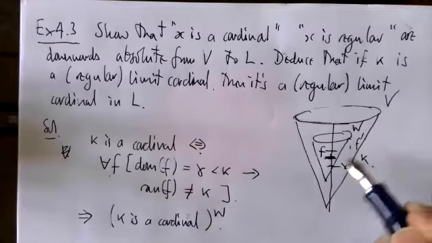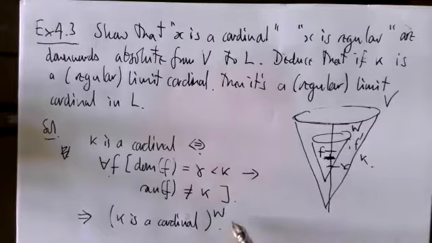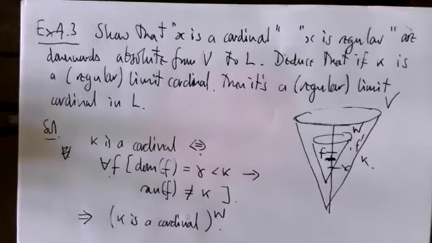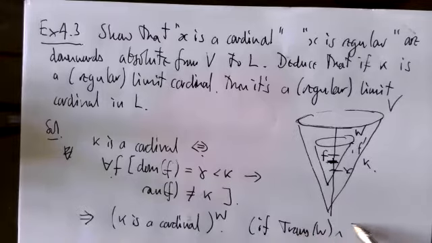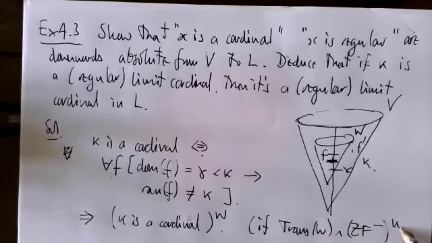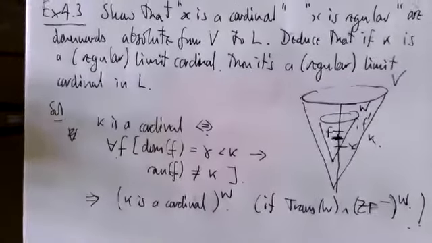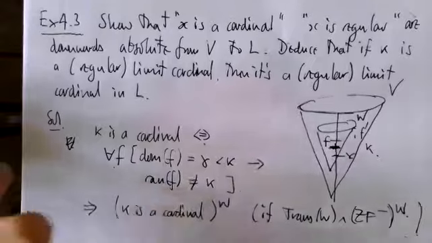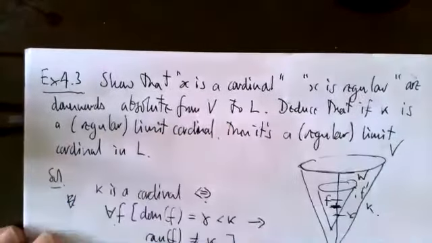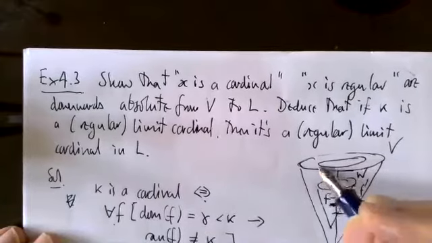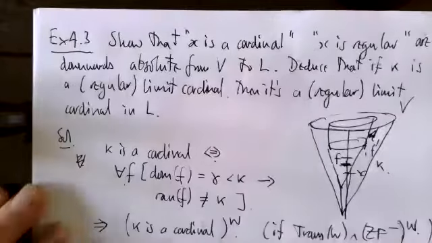As long as W is absolute about what is a function and what is an ordinal and so on, which is often why we say W perhaps should be a transitive ZF minus model. So all we're doing here is just applying this, and the picture would have to be adjusted from V to L. L is then just, of course, get rid of the W, and this extends down to the bottom, right?